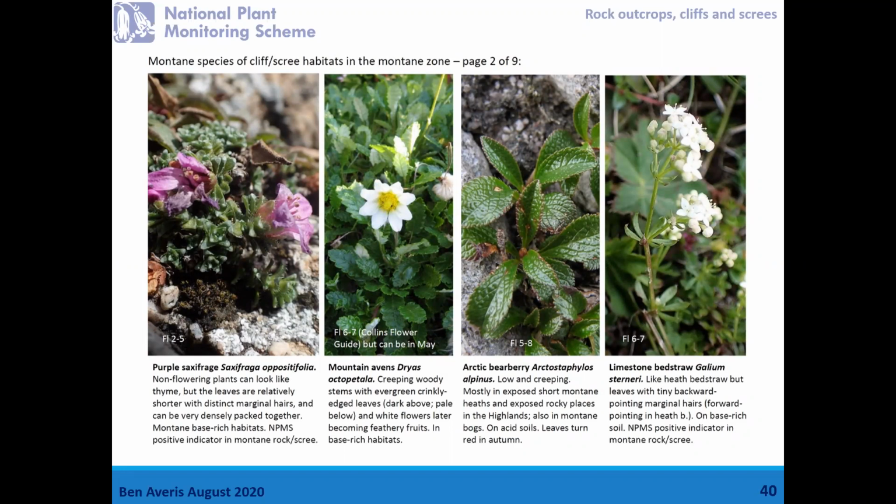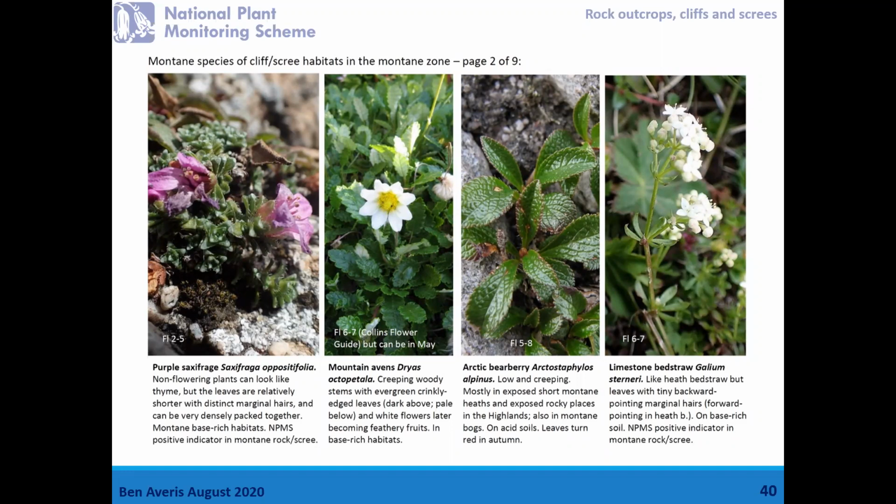They're about the same size as leaves of thyme, but they're more densely clustered along the stem. And they're in opposite pairs. And as you go up the stem from one pair to the next, each pair is swiveled around at right angles. So it looks from above as if they're in four ranks. And there are little hairs along the edges of the leaves. So it's actually a very distinctive appearance compared with thyme.